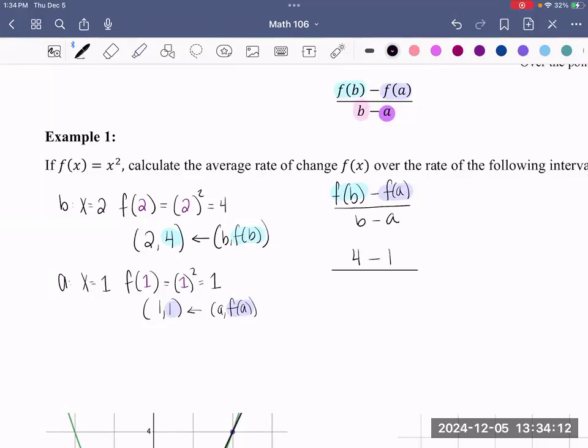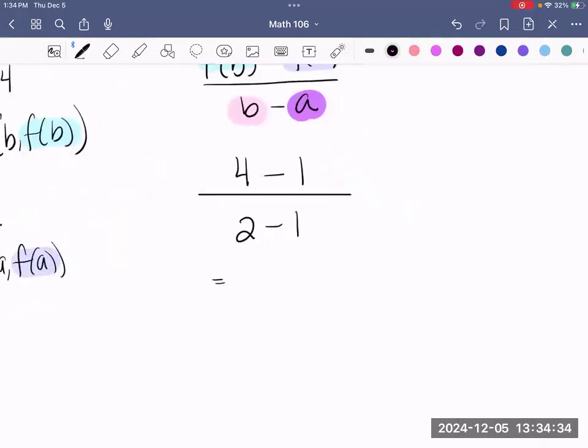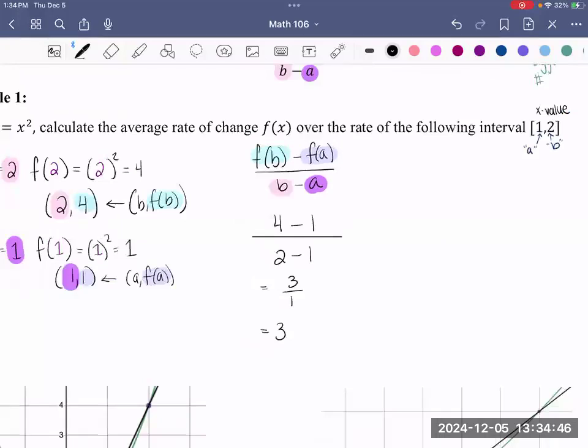In your denominator, we have b, which we established was your 2, so we have 2 minus, and your a is 1 here. So 2 minus 1. Therefore, the average rate of change, so your slope changing on this parabola between 1 and 2, is an average of 3. So your slope on average is about 3.